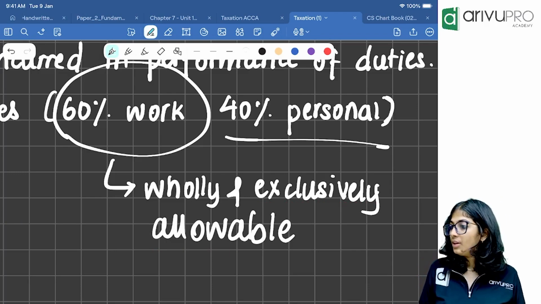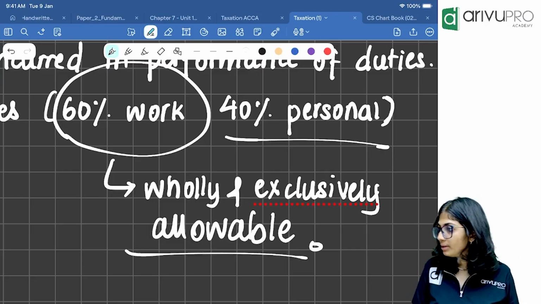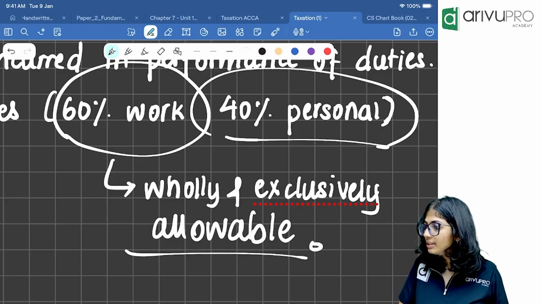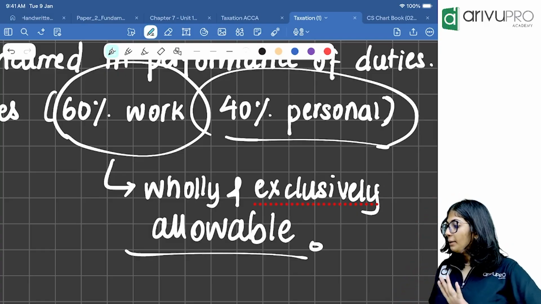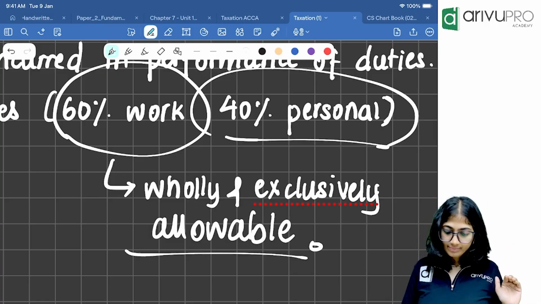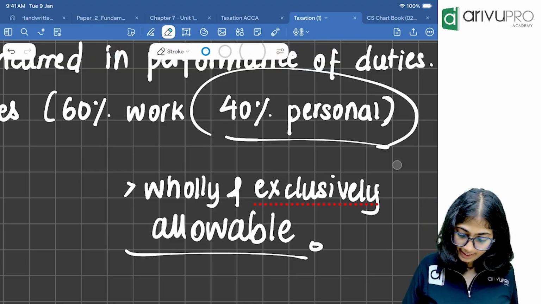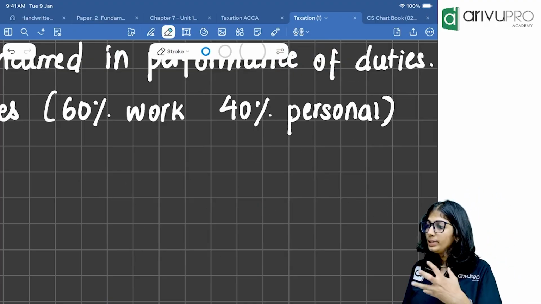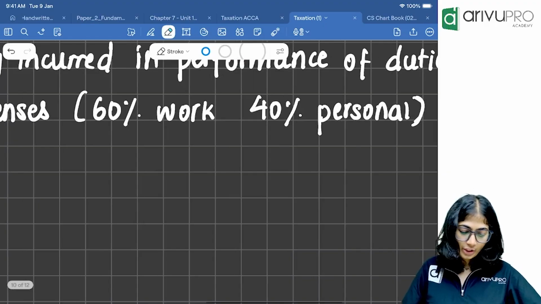Only that part is allowable. Anything that you're using for personal use, that part is not allowable. That is the gist of what it means for an expense to be wholly and exclusively for work duties.